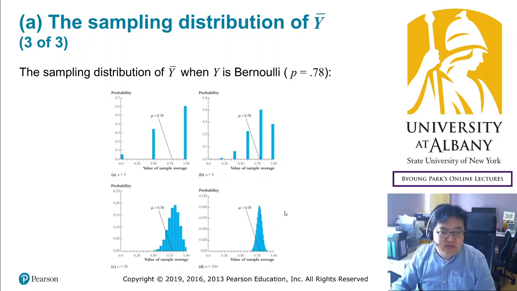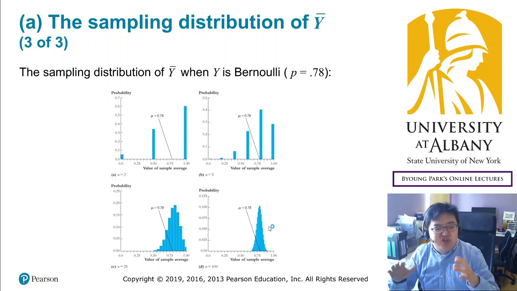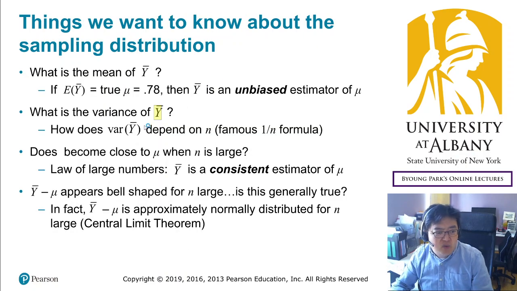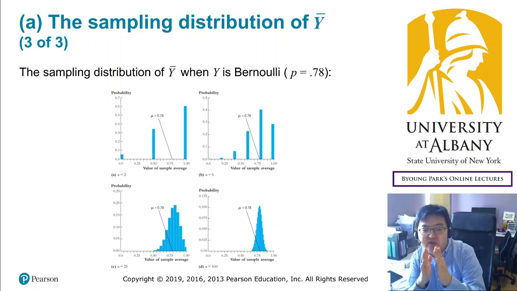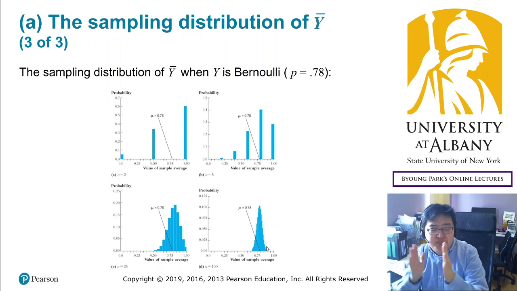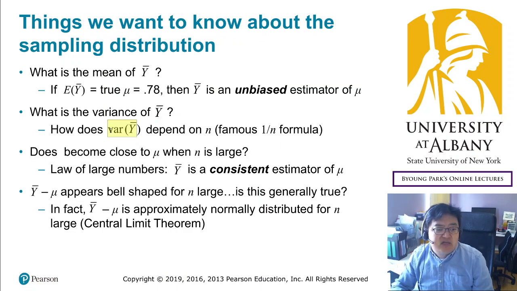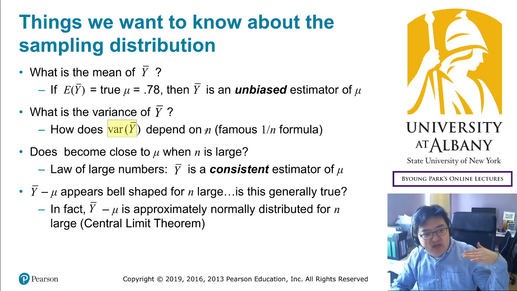But when you throw 100 coins, it would be somewhere in between, maybe around 60% or 90%, right? It won't be exactly 78%, but it should be somewhere around that. So as n increases, the spread, the dispersion changes, and the distribution becomes more concentrated around the mean, around the center. The dispersion, the range, becomes smaller. So the variance depends on n, and especially it decreases as n increases.